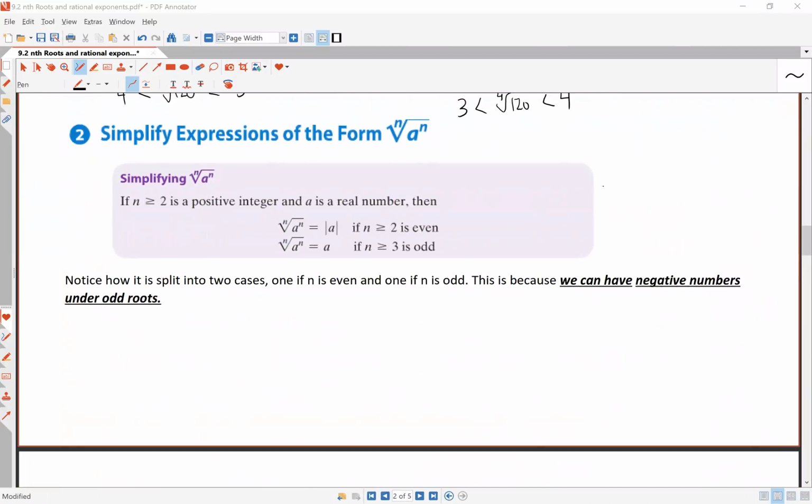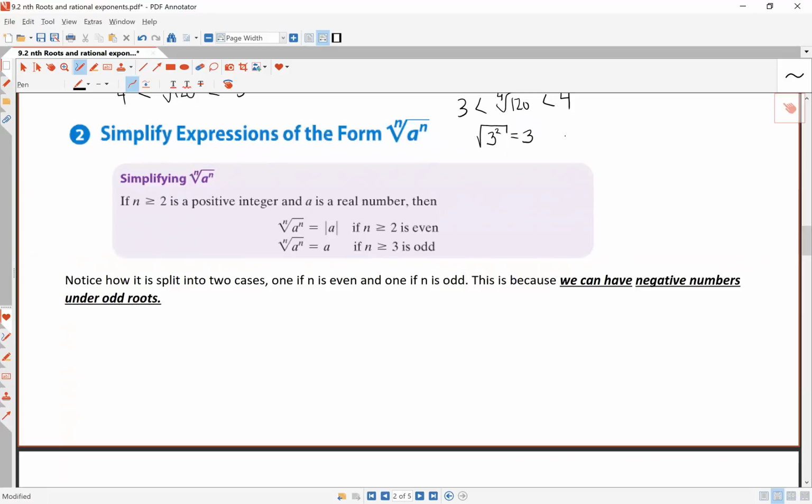We saw in section 9.1 that if we take the square root of 3 squared, we get 3 back. This idea is that the nth root and the nth power undo each other.